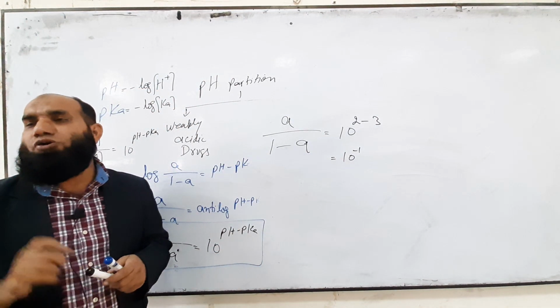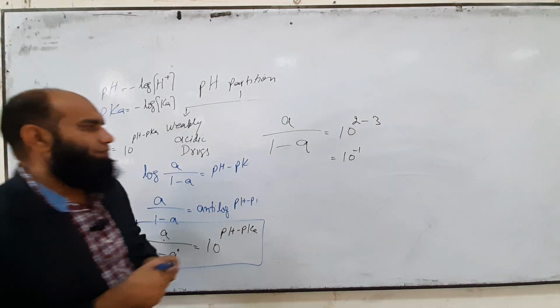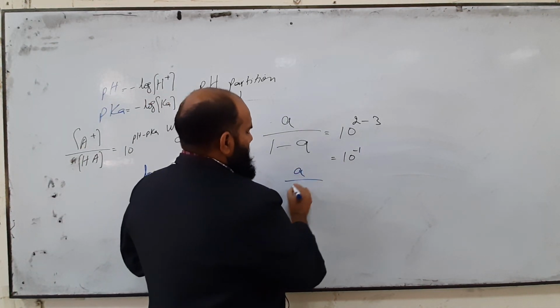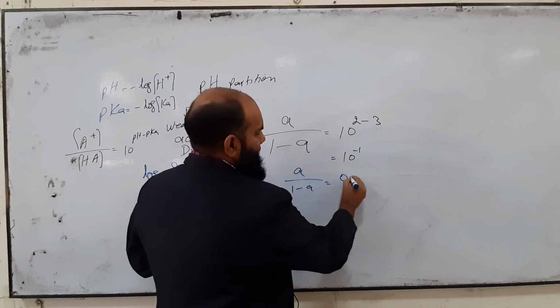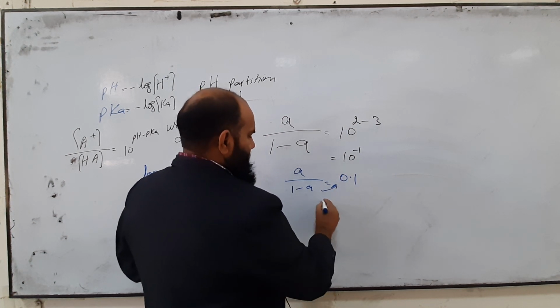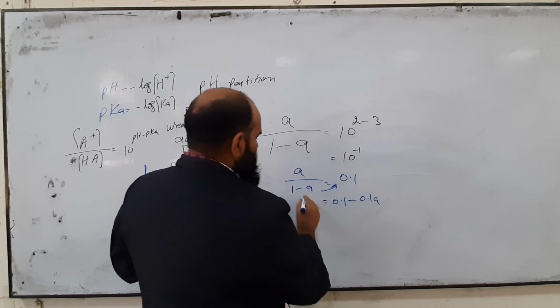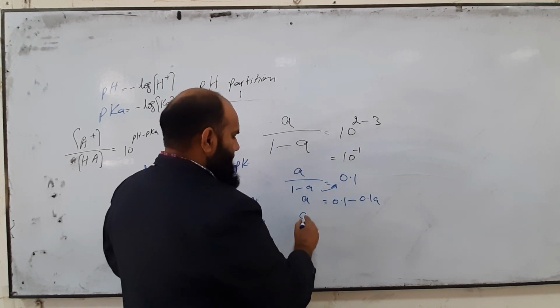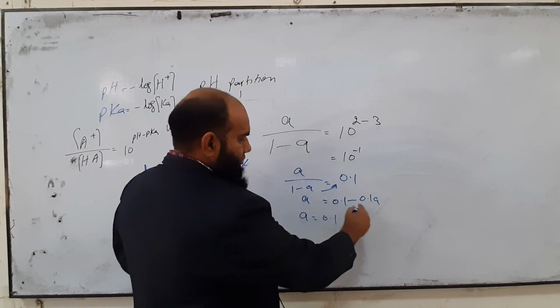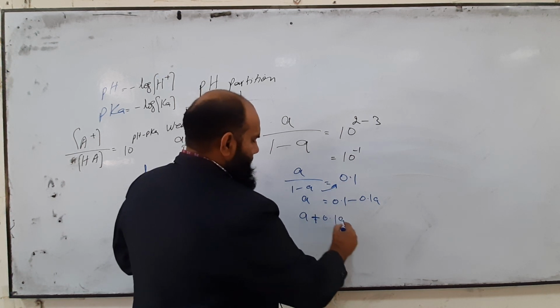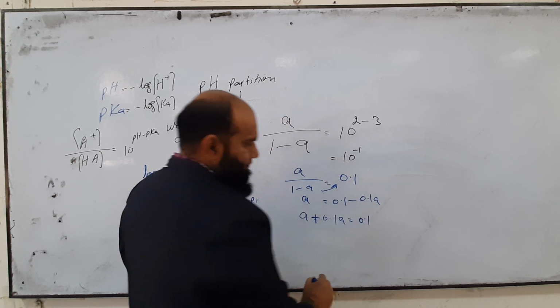This is actually 0.1. Ionized over 1 minus ionized is equal to 0.1. This will be multiplied here: 0.1 minus 0.1A, and A is equal to 0.1. Now plus 0.1A is equal to 0.1.